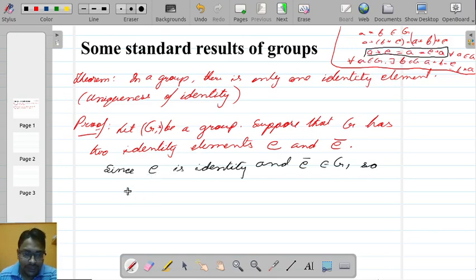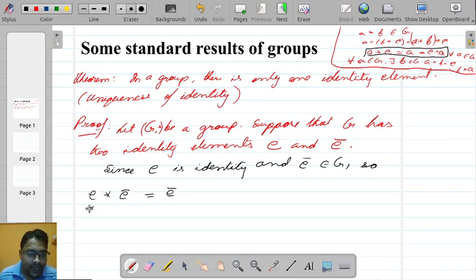Here E is the identity element, so E star E bar will be the same as E bar only.